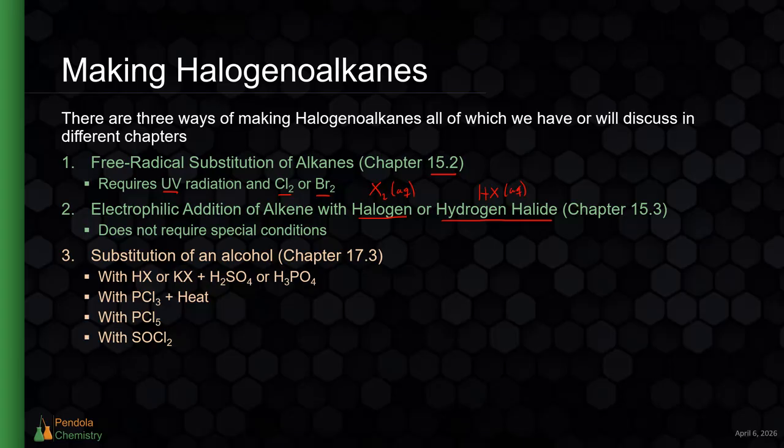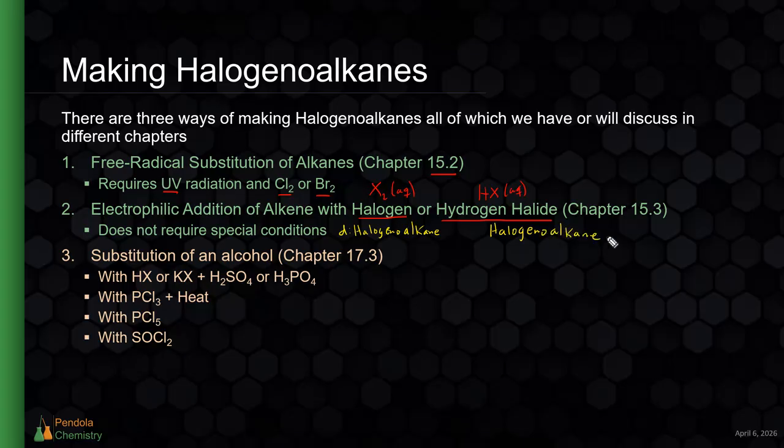Now, when we do this, we're going to get two different types of halogenoalkanes. The halogen is going to give us a dihalogenoalkane, because both of the halogens are added over the double bond, whereas hydrogen halides are going to give us just a regular halogenoalkane.